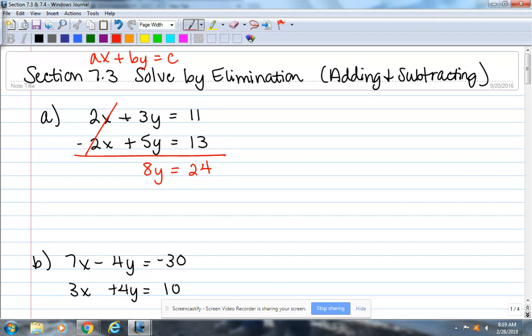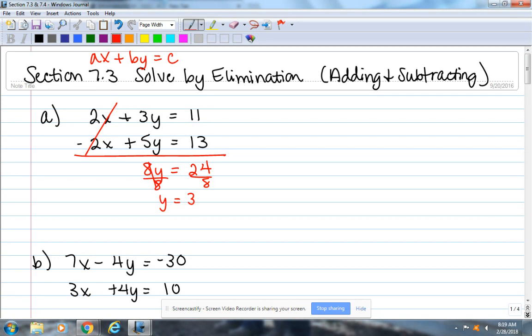So how do I solve that for y? Divide by 8. And y equals 3. So I've already got one of them. If you have two opposites with the same variable, same coefficients with opposite signs, then you can eliminate them and then find an easy one to solve.